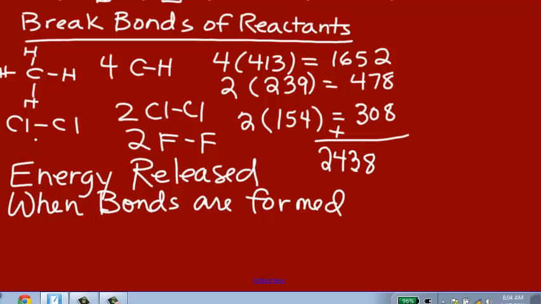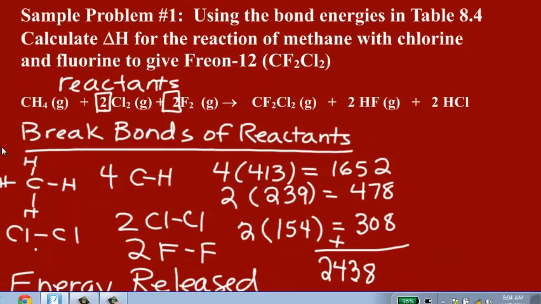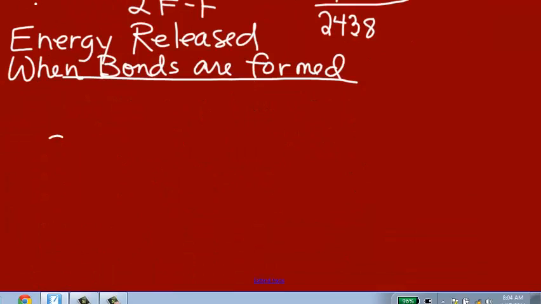All right, so what we do now is we list all our bonds that are formed. We just do this for the products, right? So it's really reactants minus products here. Let's look at our bonds that are formed. Oh, CF2Cl2. Hopefully you know that C goes in the middle. F, F, Cl, Cl.